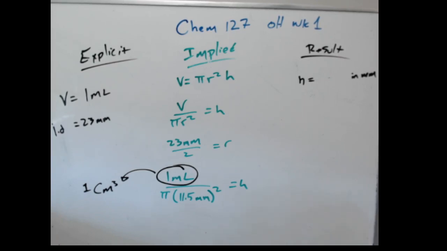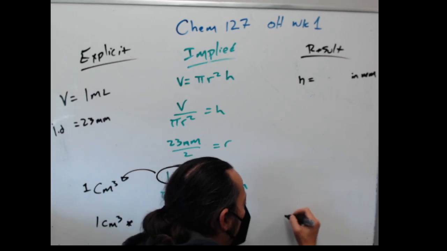So we just have to make sure we pay attention to the volume. So we're going to have 1 centimeter cubed. How many millimeters in a centimeter? I can't remember either. Let's pretend I can't remember.